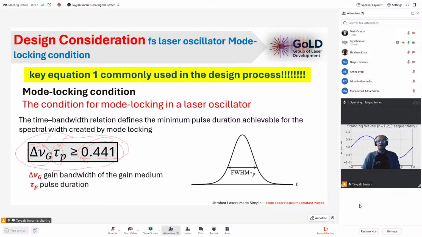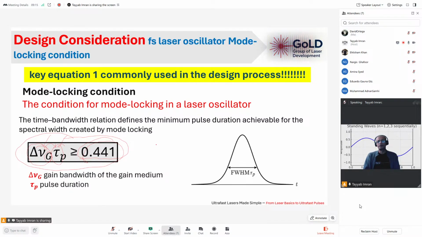And there are two possibilities. Here, if we don't use this G, then it will be a time bandwidth product, but that bandwidth will be like the bandwidth of the spectrum.